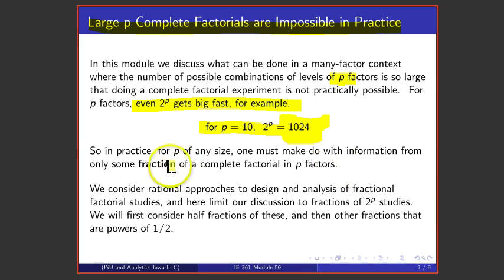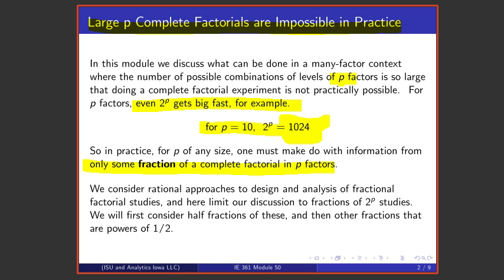So in practice, one can only collect data on some fraction of that complete factorial, and how one does that is the subject of these last 6 modules.